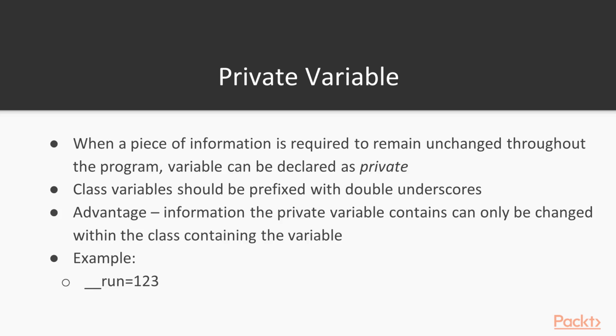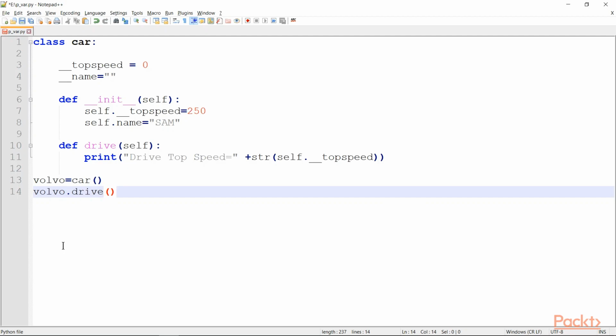To summarize all of this, let's take a simple code. I've already written the code with the class name Car, under which I have declared two variable names with double underscore: top speed, which is assigned as 0, and double underscore name, which is assigned as blank. Then we have two methods. One is the init method and the second is a drive method, which holds a print command.